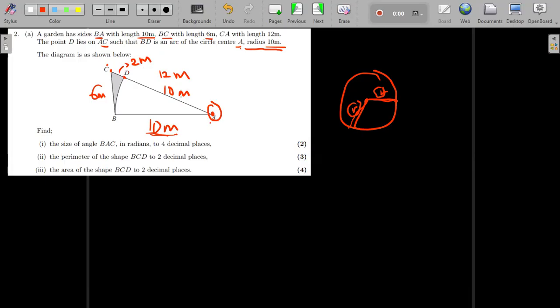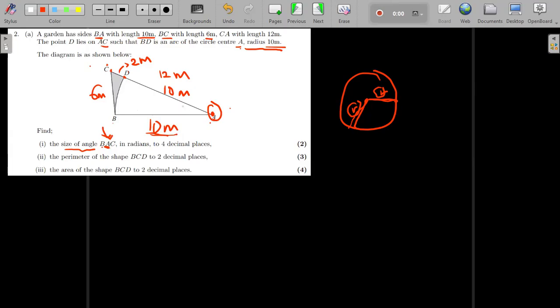Once we get our sides, we are ready to answer the following question. The first question: find the size of angle BAC. Angle BAC will be this angle here: the letter in the middle is where the angle will be.